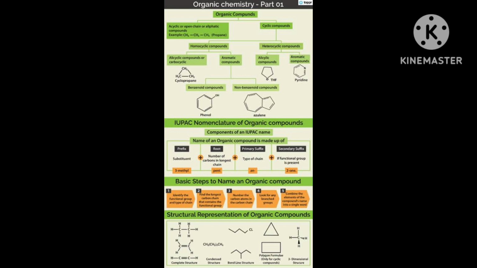That is also aromatic. Aromatic means aroma, a special type of smell will be there. When it burns, it will give a special type of smell, aroma. Sometimes in a 6-member ring, an atom other than carbon will also be there. Then that will be called heterocyclic aromatic compounds.